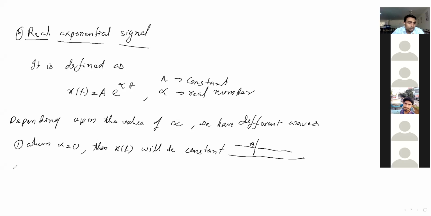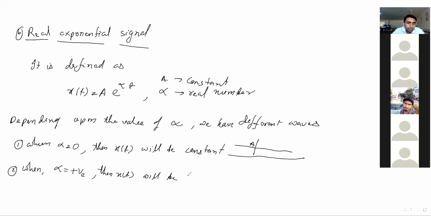So come to the second point. When alpha equal to some positive value, 1, 2, 3, 4, when you put this in the exponential, the value will increase.